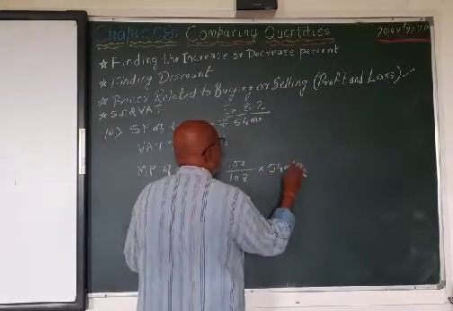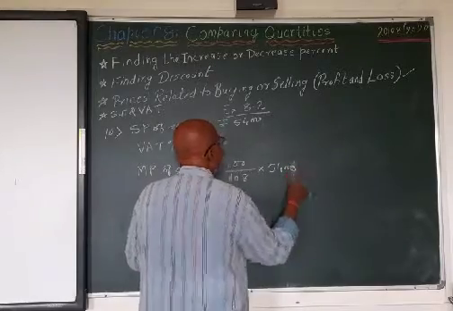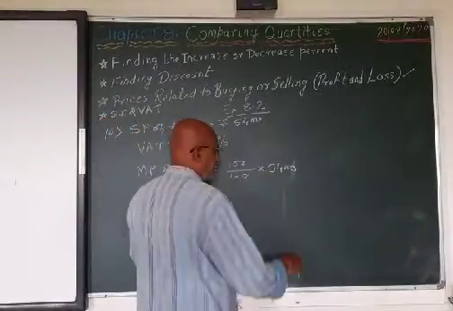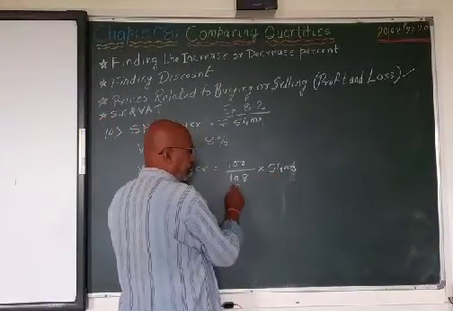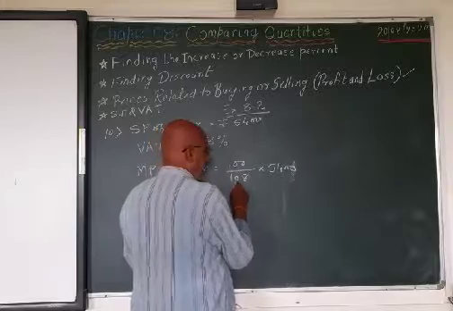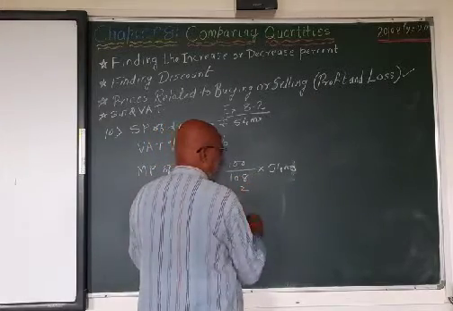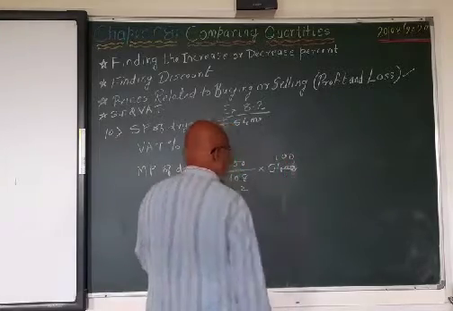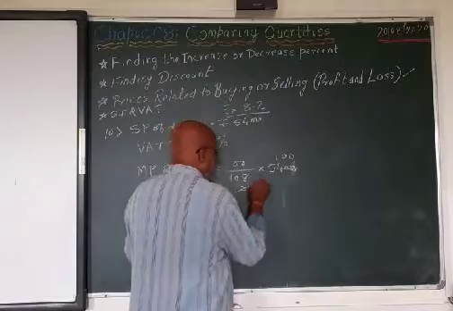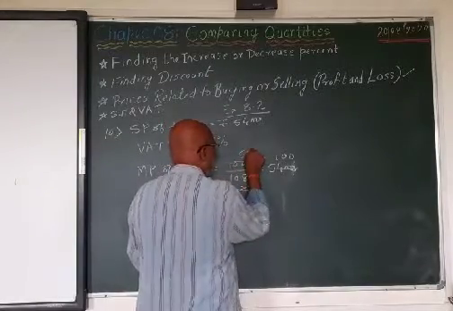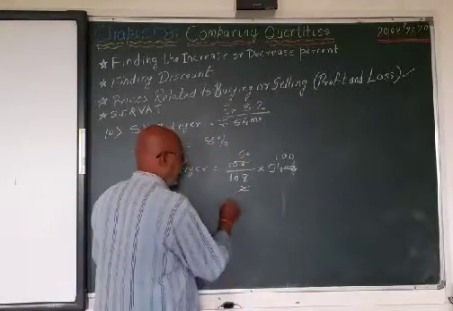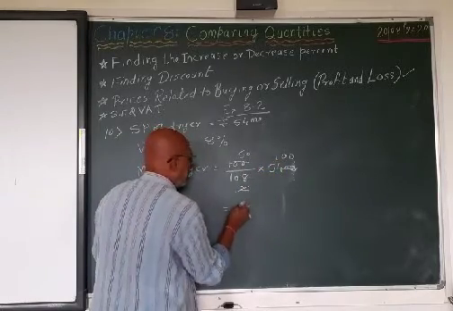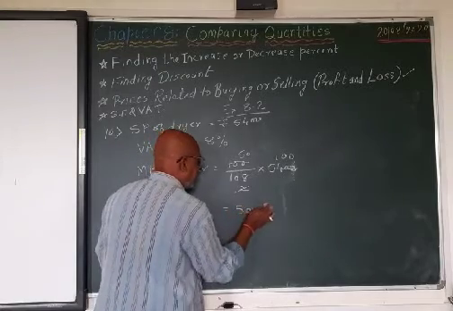Now you cannot cancel the zero, okay, let it be. 54 is a factor of 108, so 2 here and 100 here. Then again I can divide 100 by 2. So what I get? 50 multiplied by 100, that is 5,000.